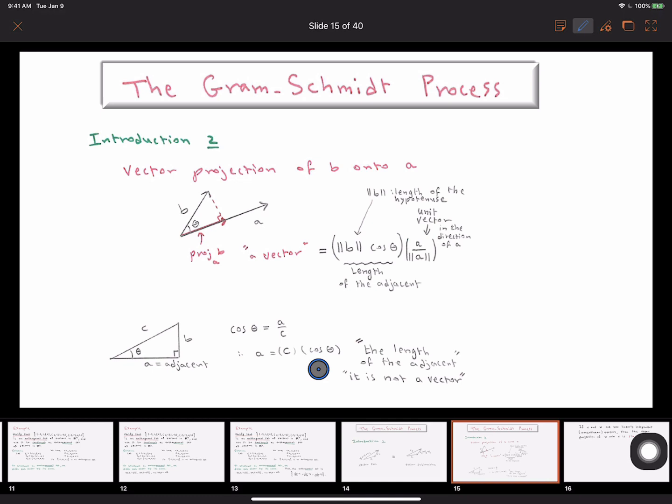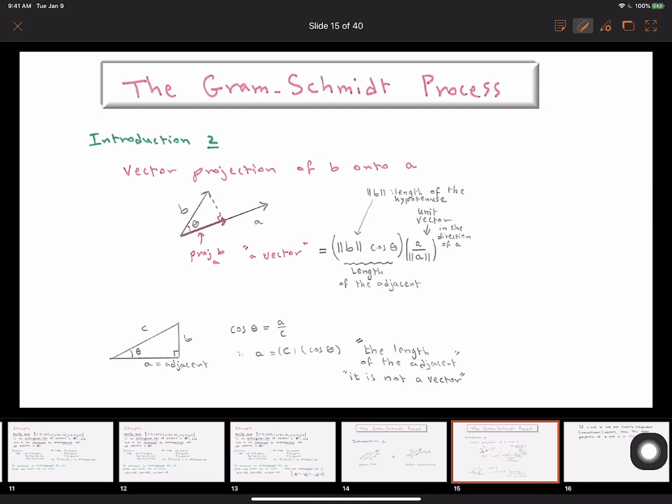Now, in our notes, let me erase this. I was off right here. Okay, let's try again. Now, in our problems not called ABC, we have a vector A and we have a vector B. We're gonna project vector B onto vector A. This here as a length from this idea down here will be the hypotenuse times cosine theta.